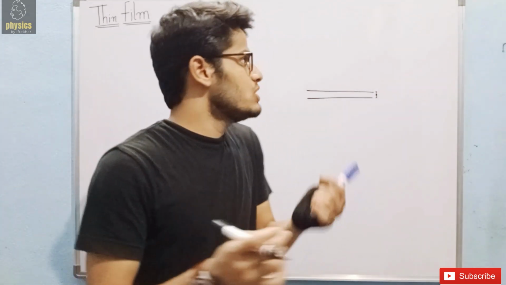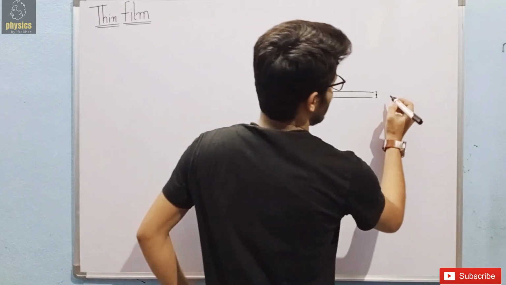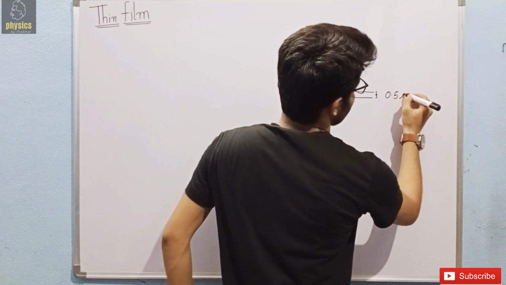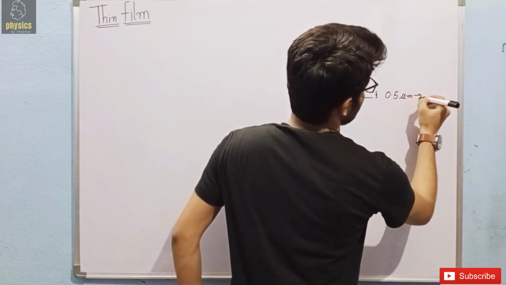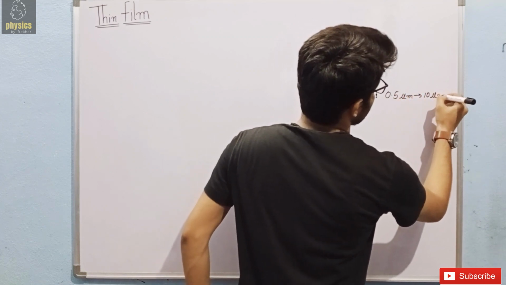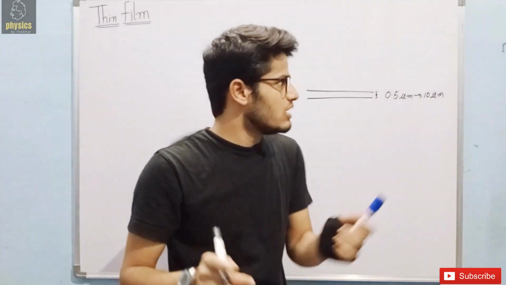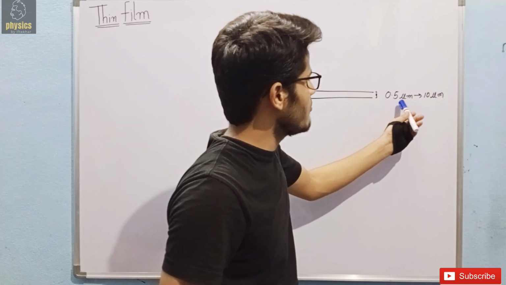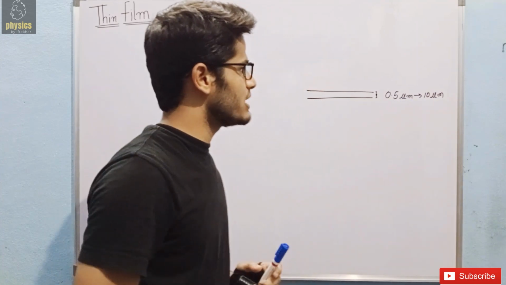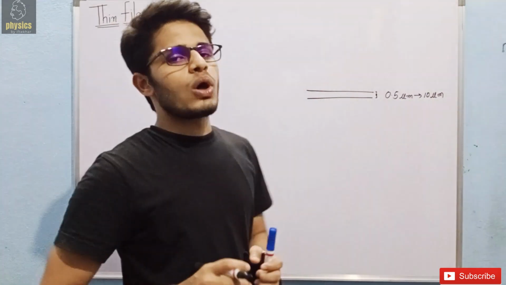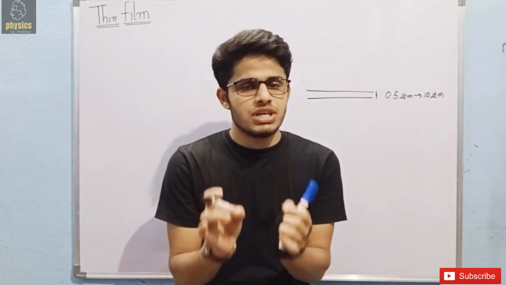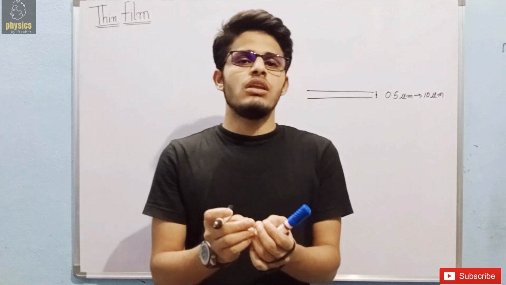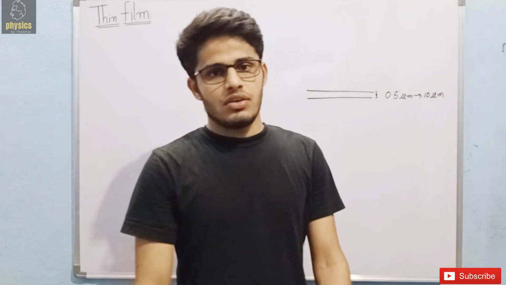So that one lambda should be in the range of 0.5 micrometer to 10 micrometer. If any sheet has its thickness from 0.5 micrometer to 10 micrometer, we can call it a thin sheet, and that sheet will give you an observable interference pattern.